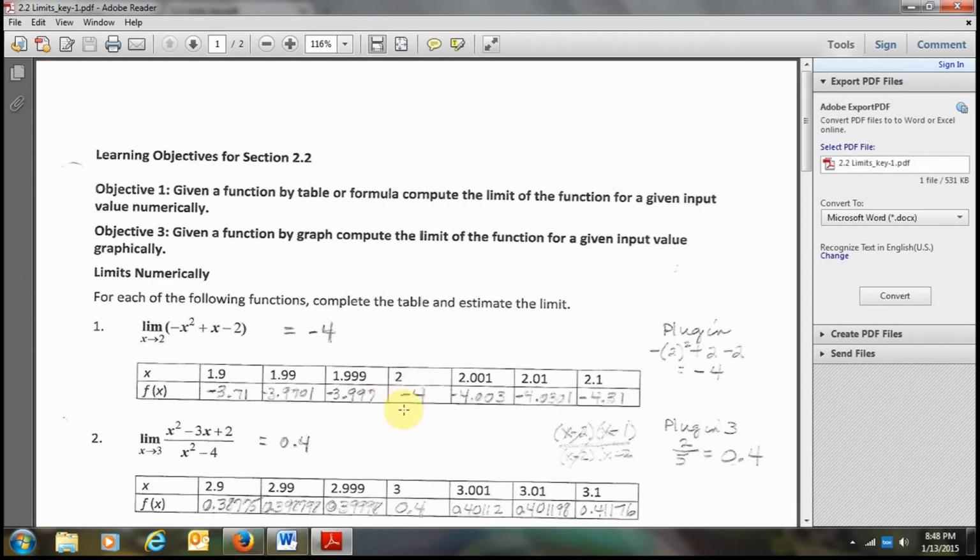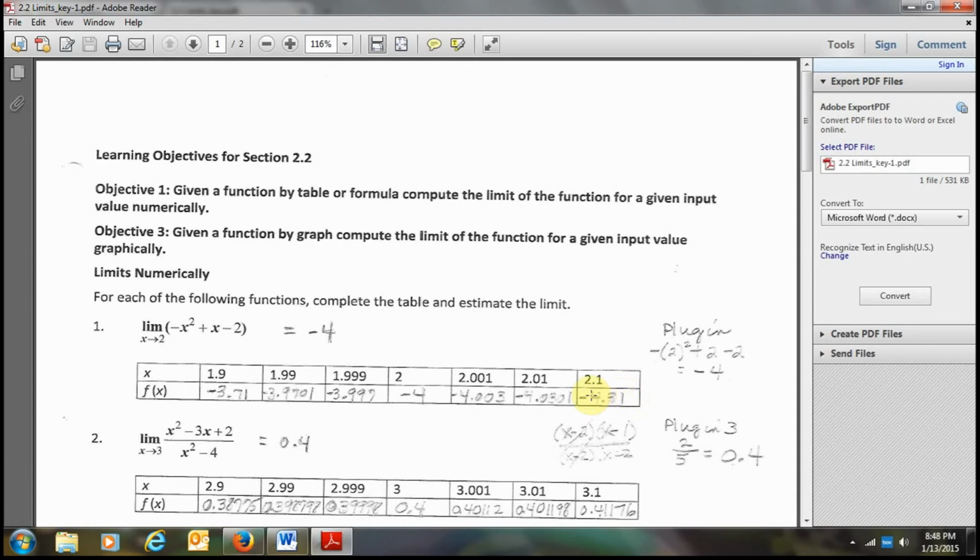So this would be like the pictures on the graph where the function continued and is defined at 2 to be negative 4. So our limit is negative 4. How about from the right? If I put in those values, I see that I get the value negative 4.31, negative 4.2321, negative 4.003.